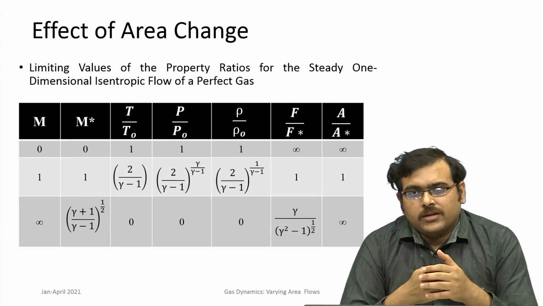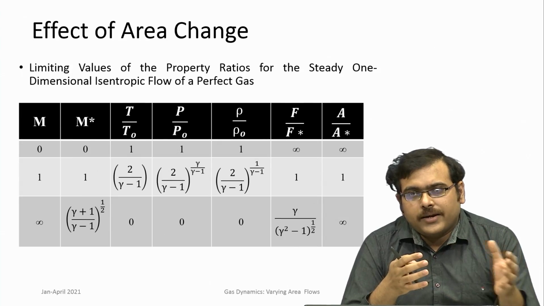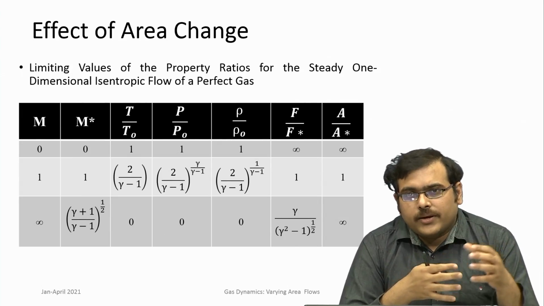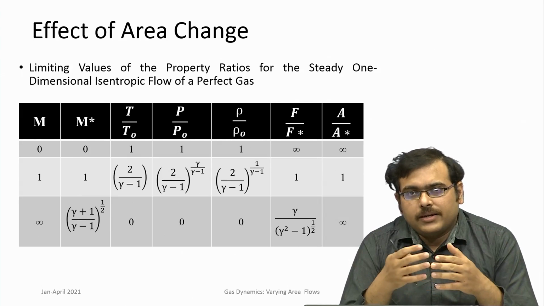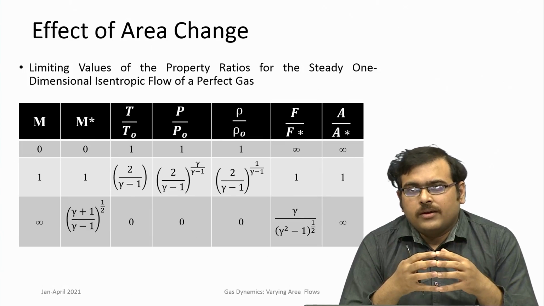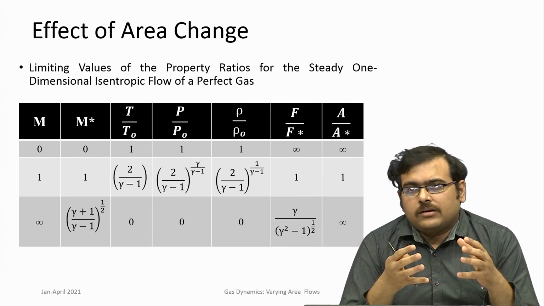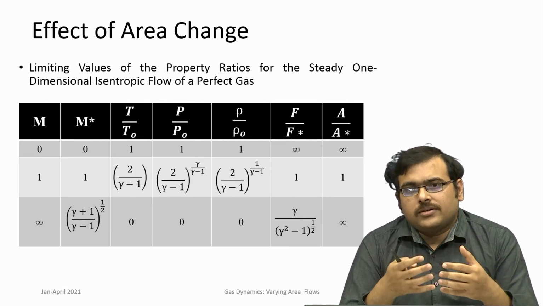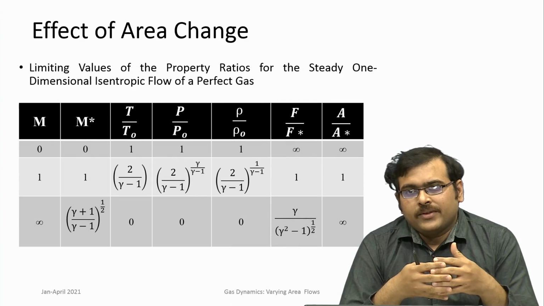You are providing a certain flow to it, and you expect there should be an increase in velocity, but for the flow to happen there should be some pressure that needs to be provided.